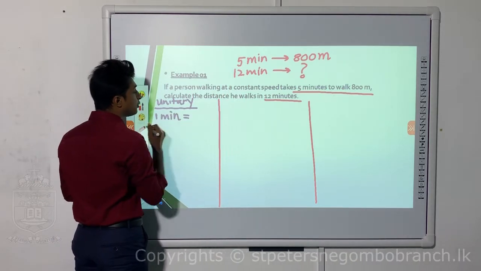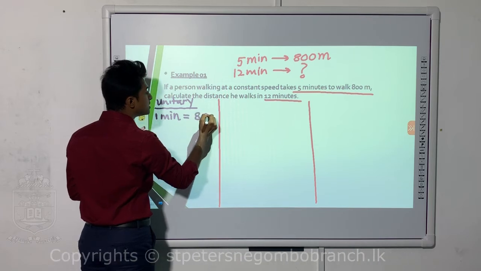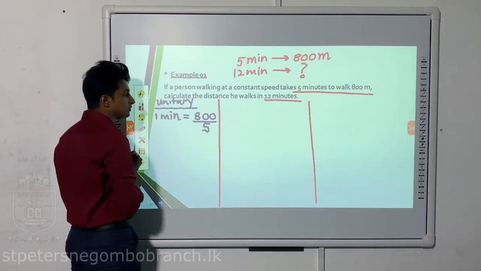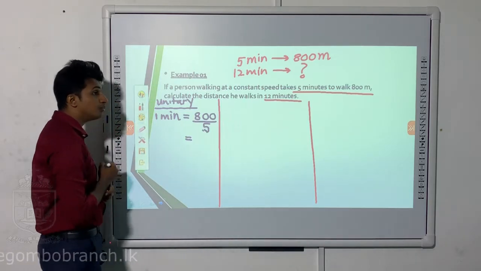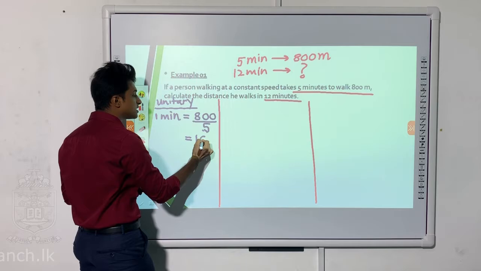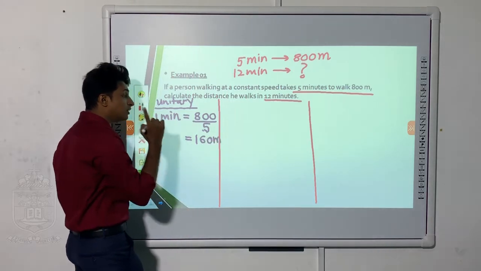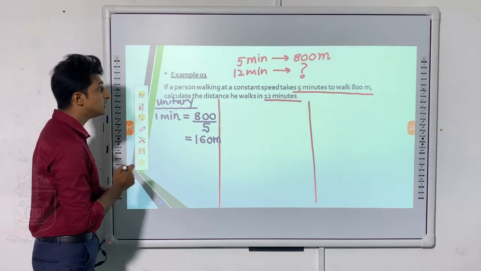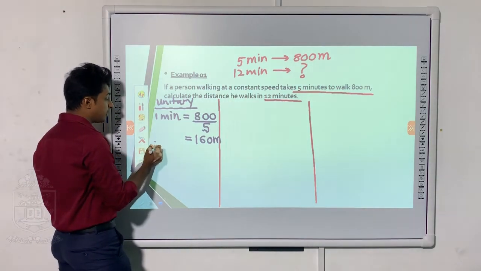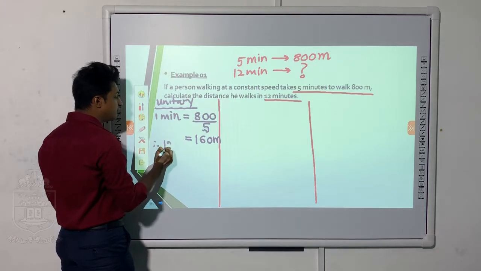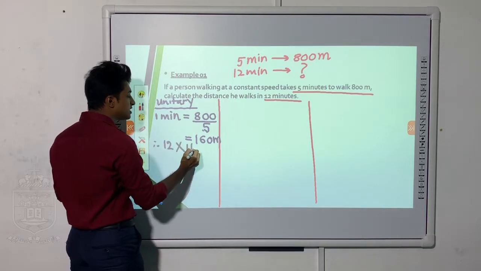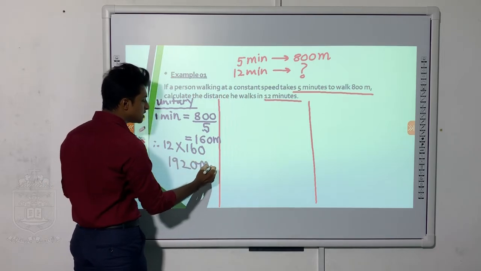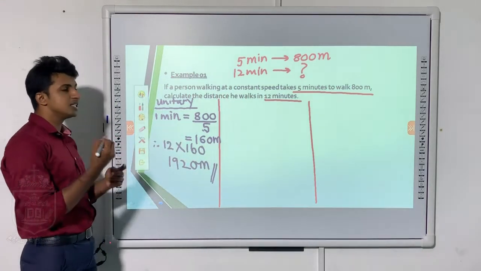That is 800 divided by 5, which is 160 meters for 1 minute. That is the unitary value, for 1 unit. Therefore, I am asked to find for 12 minutes, so I have to multiply 160 by 12. Then I will get the answer, 1920 meters. That is an easy method.